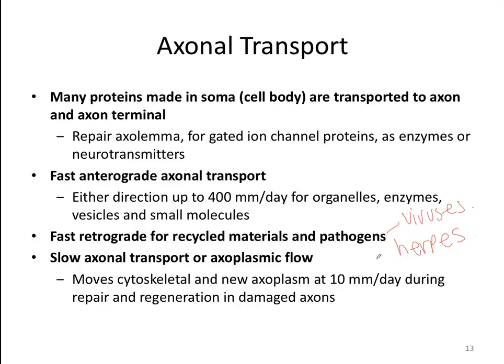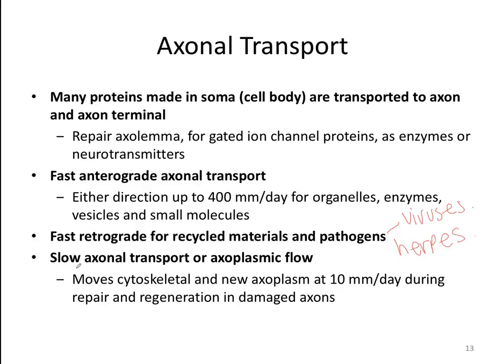So herpes zoster, which causes shingles, or herpes simplex, the ones that infect the genitals and typically the lips, those are ones that hide in sensory neurons. And when you get an infection, that's the virus taking advantage of a momentary depression in your immune system to rear its ugly head and say, "Hey, how's it going? I've been hiding in here all this time." So we'll talk more about that later.